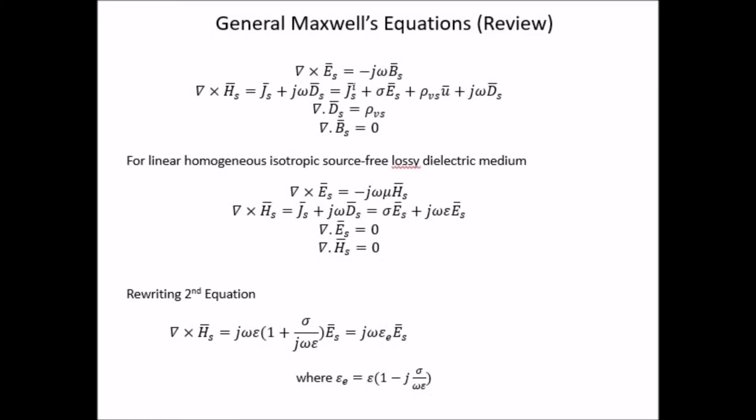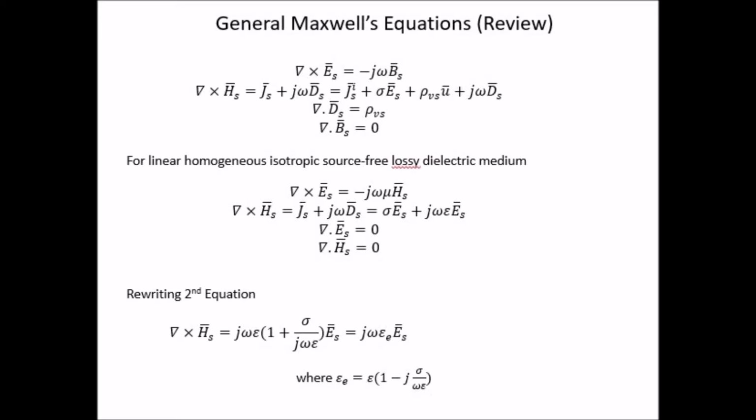for effective permittivity, and effective permittivity is equal to permittivity times (1 - j sigma over omega epsilon). We move j to the top, and that's why we change the sign from plus to minus, because j squared is equal to minus 1.